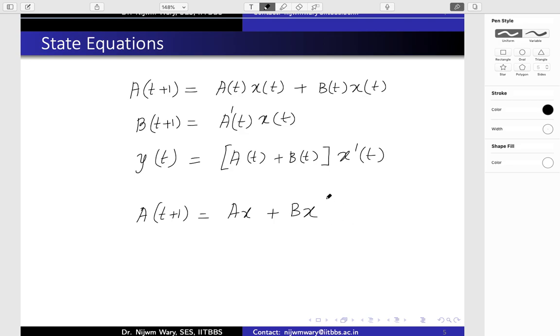If there is no t mentioned here, it means that it is the present state. Okay, so this is how we identify the state equations of a sequential circuit.